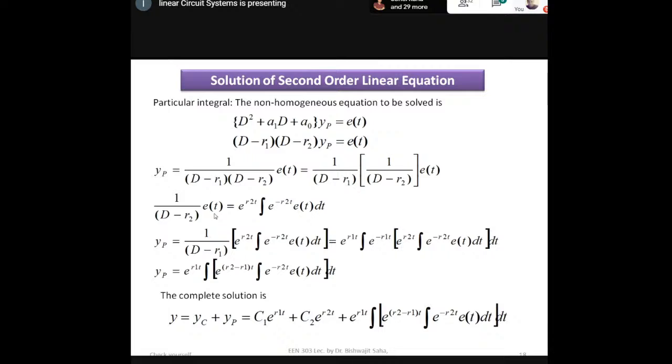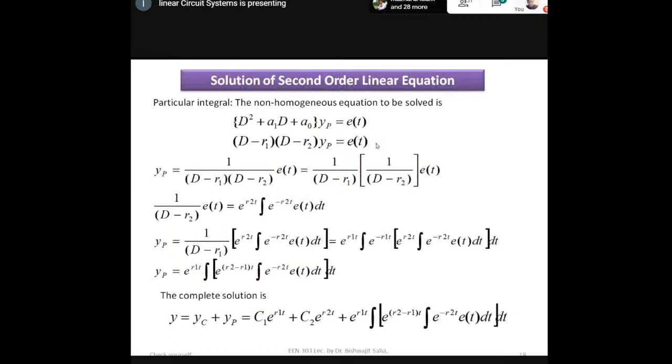Now we are going to find the particular integral. For that, a similar process is applied: we need to find the first order equation and then apply the second order equation formula. D minus R1, D minus R2 multiplied by y equals e of t.